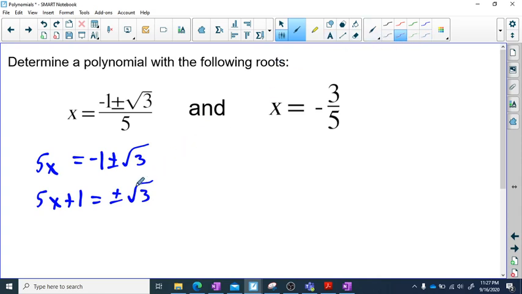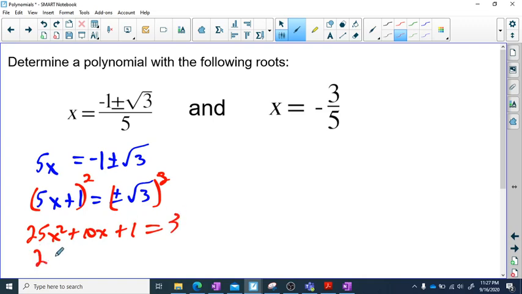I'm going to square both sides to get rid of that radical 3, the plus or minus. I'm going to square this side as well: 25x squared plus 10x plus 1 equals 3. Bring your 3 over. That quadratic equation would give me those roots.